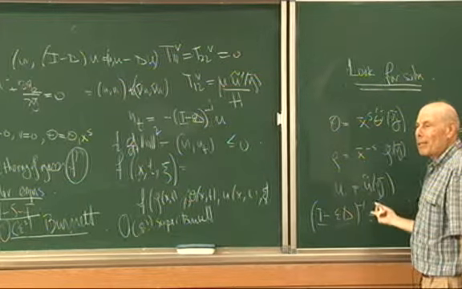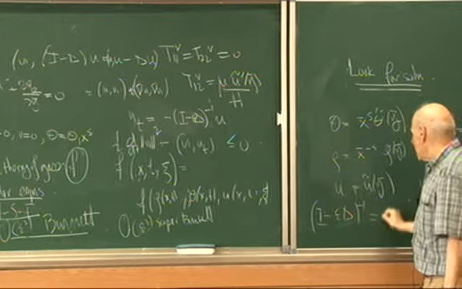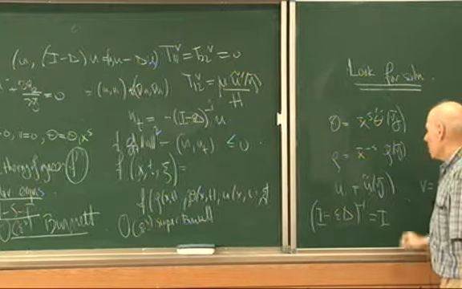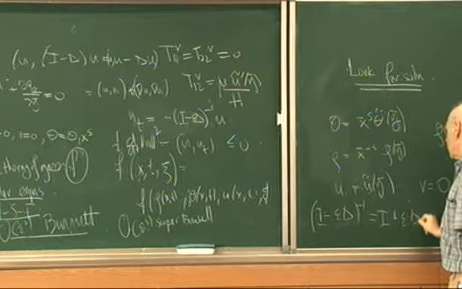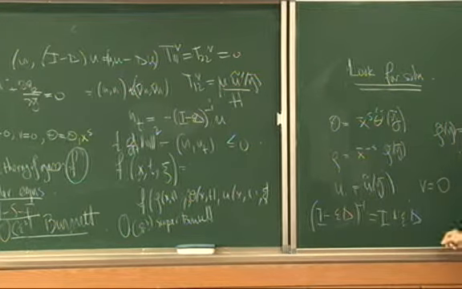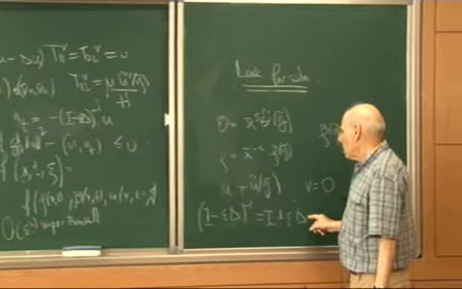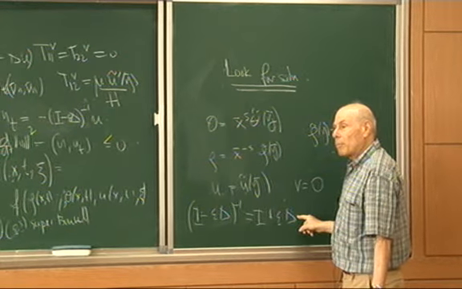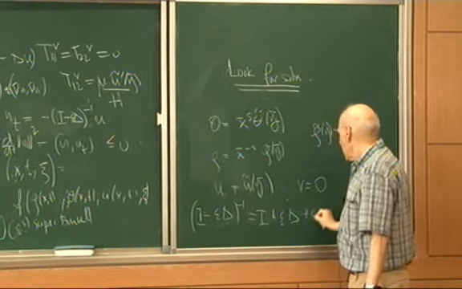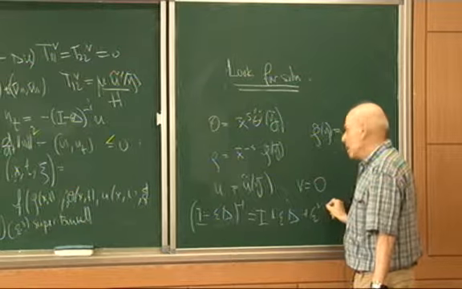That's really all it is. So what's the binomial theorem? It's I plus epsilon Laplacian. And then what's the next one? So it's I, and the next is epsilon squared, a geometric series.